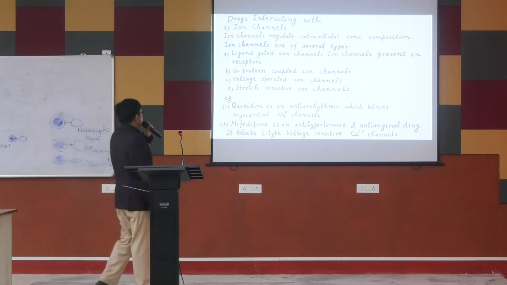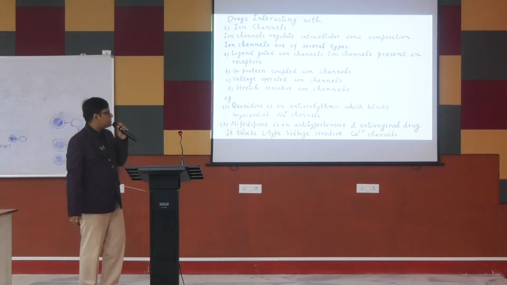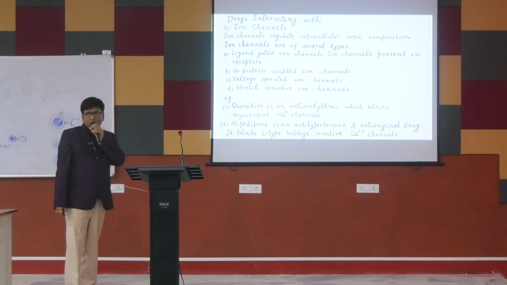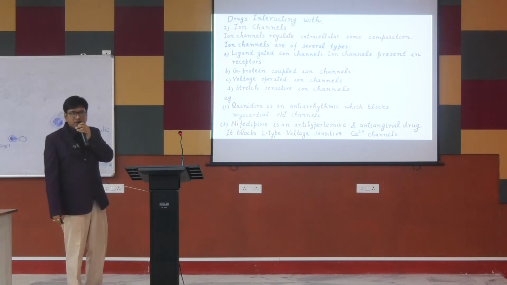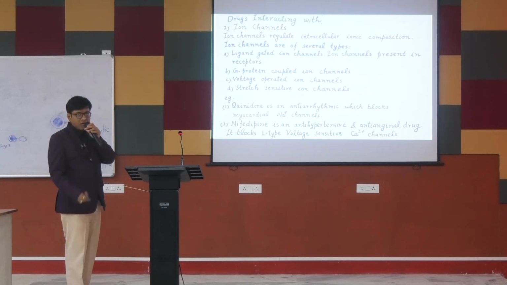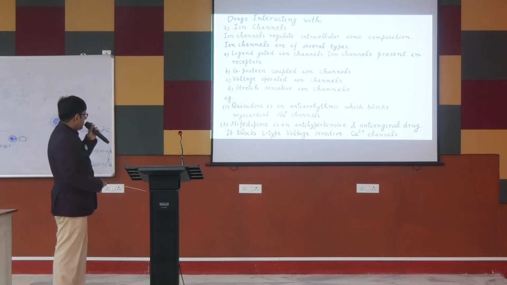Now drugs can also interact with various ion channels to exhibit their actions. Just remember the example of quinidine. It's an anti-malarial drug as well as an anti-arrhythmic drug. Anti-arrhythmic means it is used for treatment of cardiac arrhythmias, irregular heart rate. Quinidine blocks sodium channels.